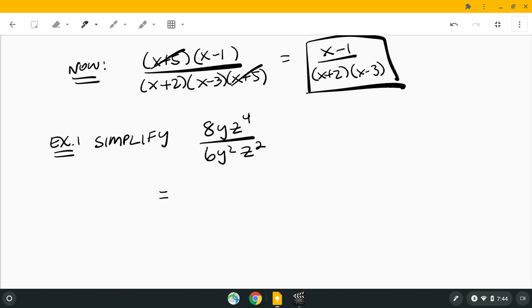And then this y will cancel out with one of these. These might get a little messy because they have exponents. So that one will cancel out with only one of these, so we're left with 1y down below.